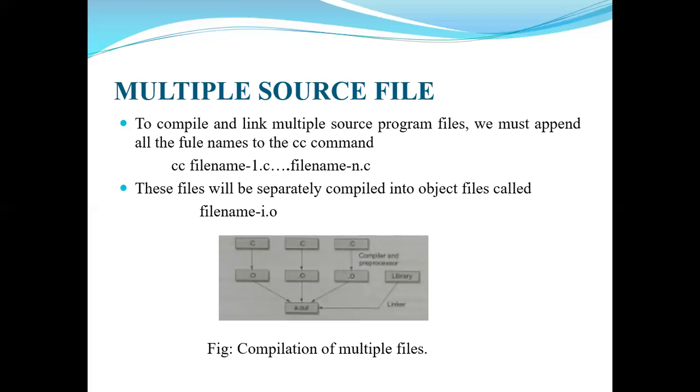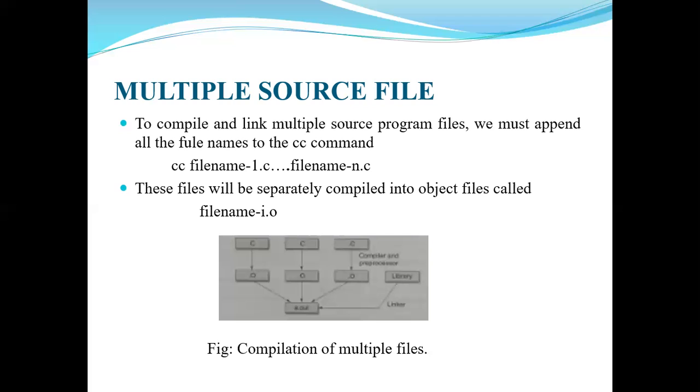Whenever you are compiling three different programs, their equivalent object code files are created with .o, through the compiler and preprocessor. Then you will get a.out, which is also linked with the system library. Okay, this is all about compilation of multiple files.